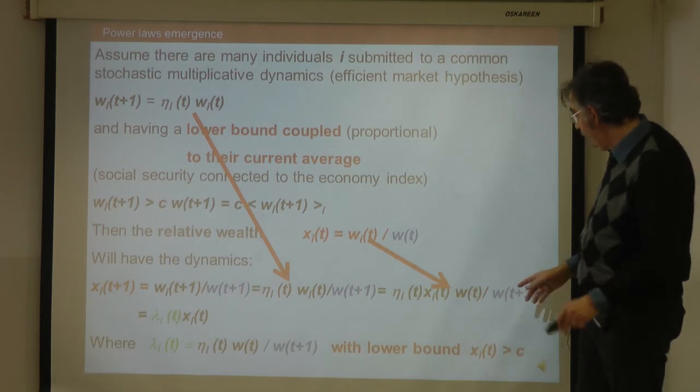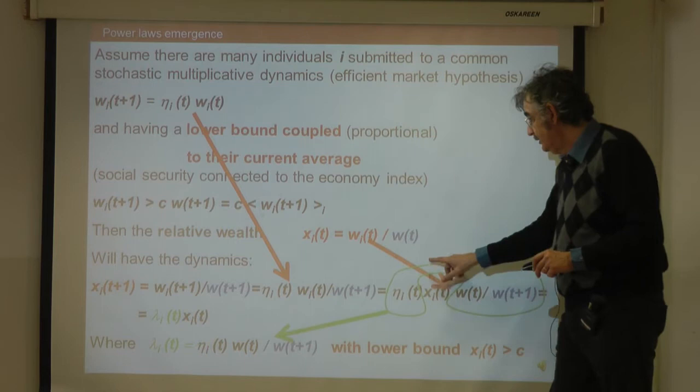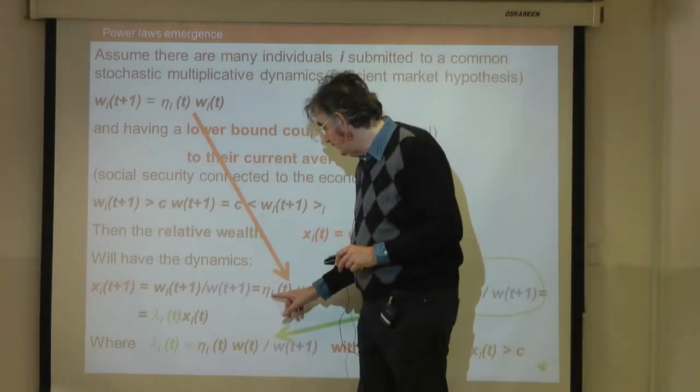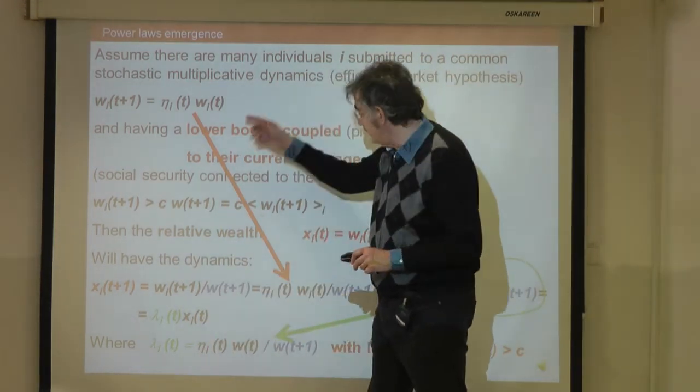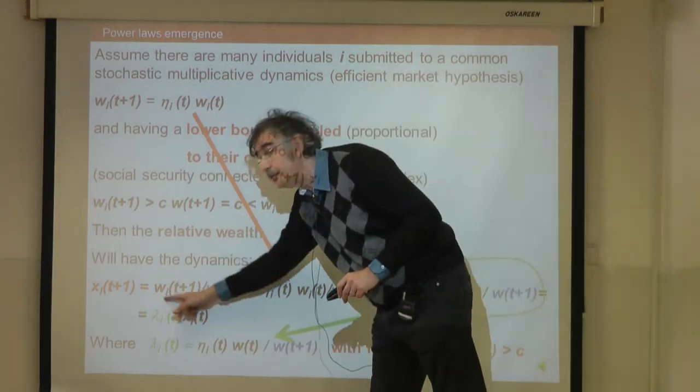So if I only call this combination my new eta, let's call it lambda. It's another random number.